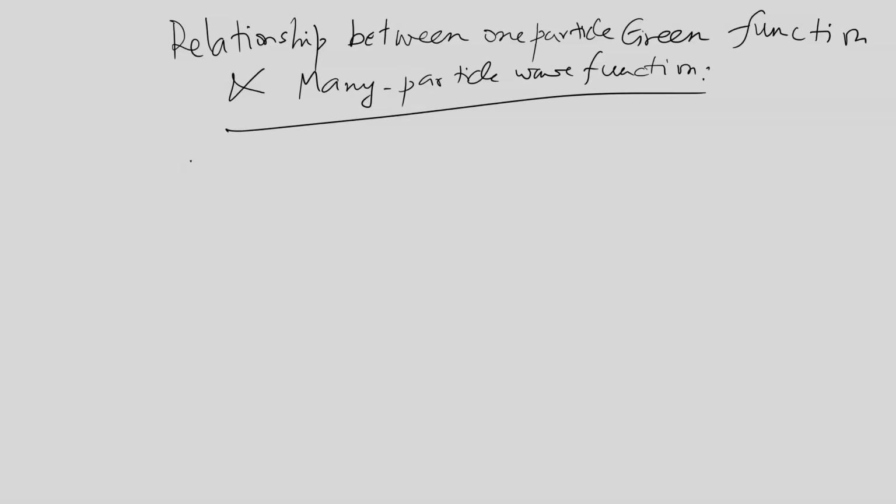Okay, so I am going to continue from where I left off. If you recall, in the earlier discussion I had introduced a notion called the single particle or one particle Green's function. That involves something called a particle propagator, which could be something like this, or it could involve a whole propagator.